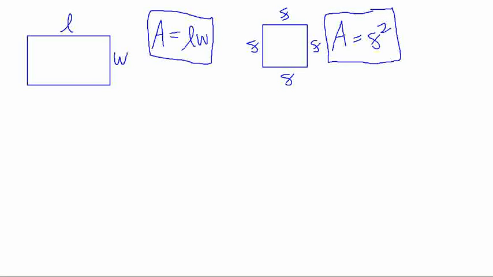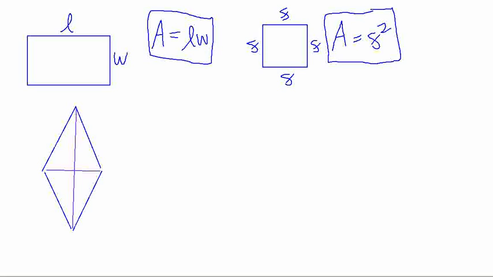Let's derive the area of a rhombus now. So let me draw a rhombus, and let me also draw diagonals. And we know that the diagonals of a rhombus, we proved that they're perpendicular bisectors.